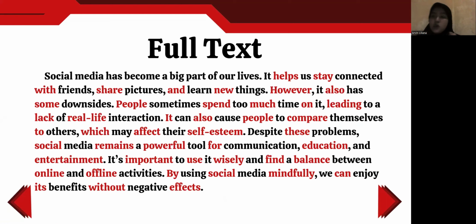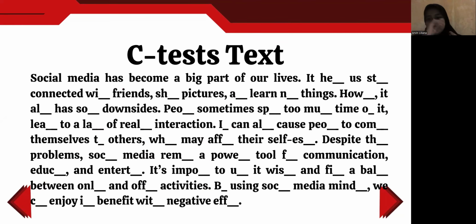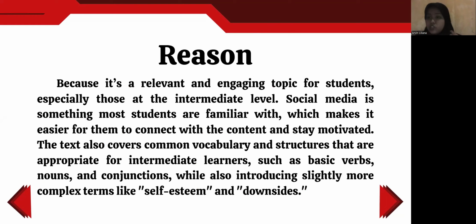Okay, so this is the full text of the C-test. There are 45 missing words. The reason I chose this text is because it talks about social media, and I think social media is familiar to students, which makes it easier for them to connect with the content and stay motivated.